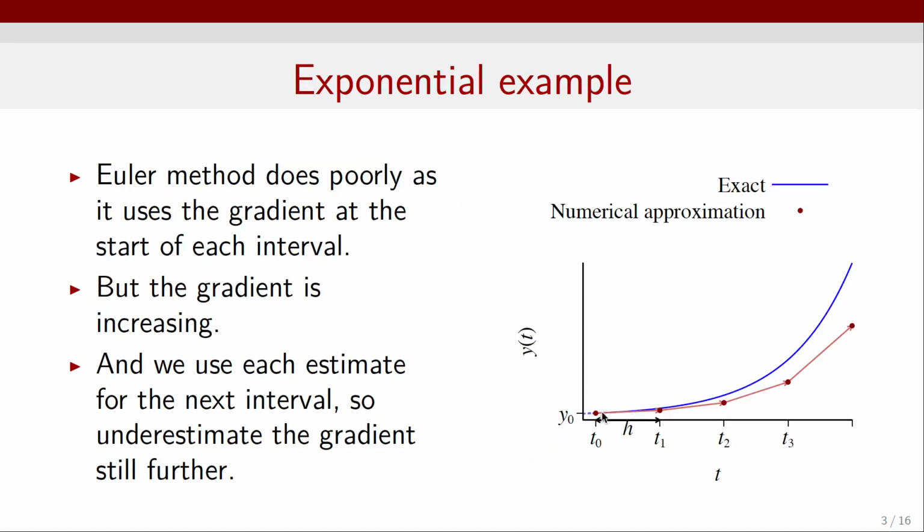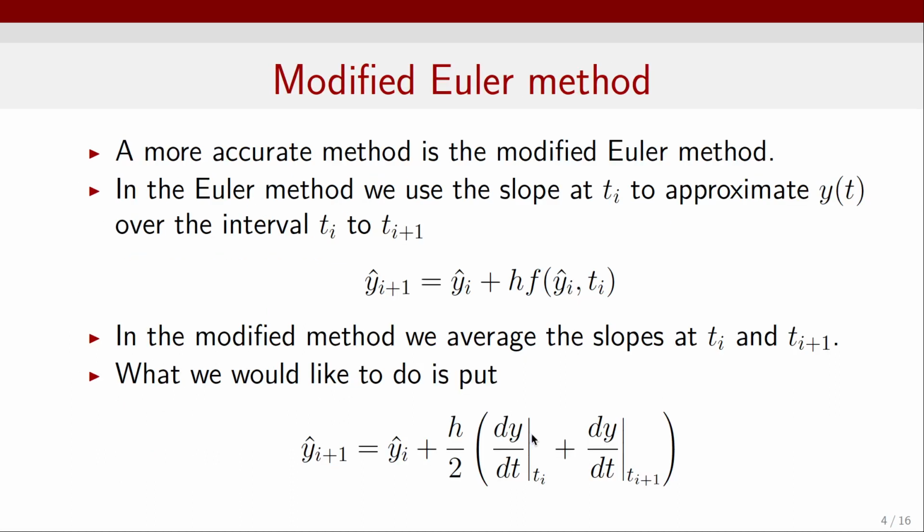So if we look at the slope here and the slope here, and take their average, and then set that equal to yi plus 1 minus yi divided by the interval h. So you might expect that this would be more accurate, because we take into account the average both at the left and the right point, and so we're not going to have this underestimation that we discussed in the previous slide.